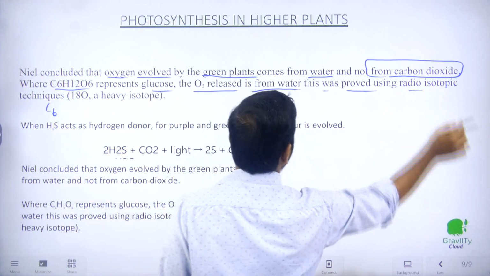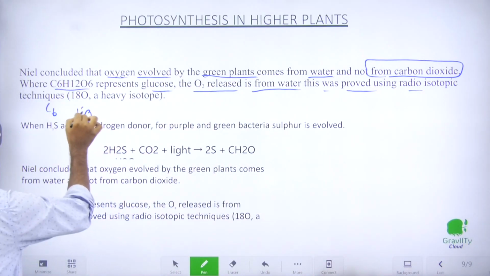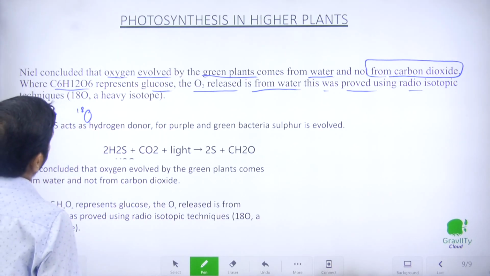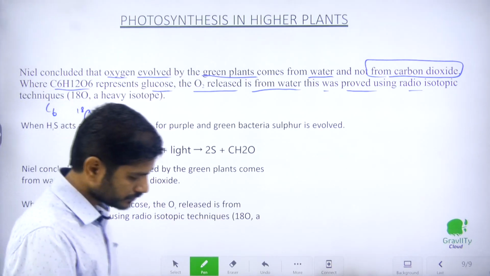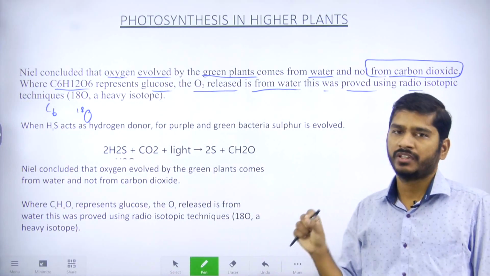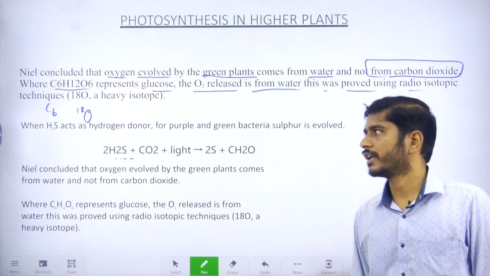This was proved by using radioisotope techniques, with O18. They employed this isotope because it can bind and be traced.